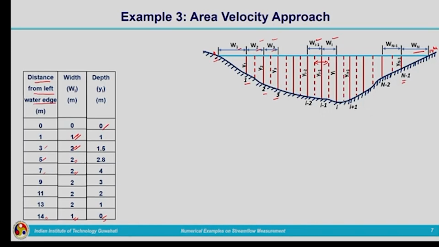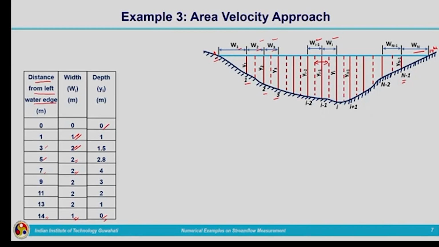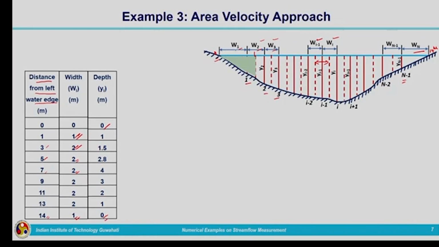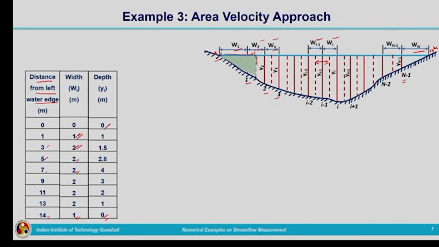But that is not the case with the segment near the left bank and the segment near the right bank. For those, we need to separately calculate the average width for the computation of area. The first segment is marked by this hashed section. For this, the width is known to us, W1 plus W2 by 2, because it is up to this distance. But this depth is not there with us. This depth we need to compute.